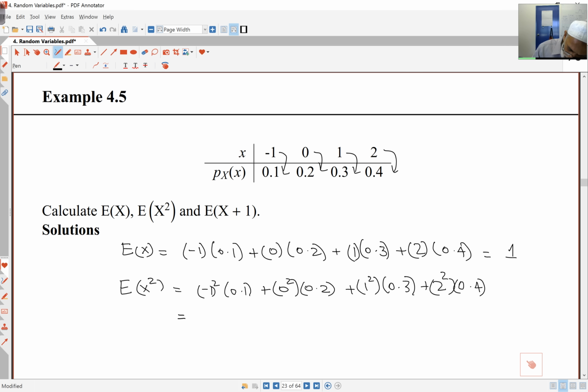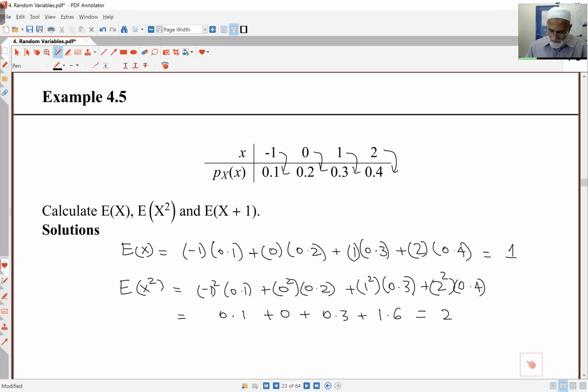So here that comes to: negative 1 squared is equal to 1, and that's 0.1. This next is 0. This next is just 0.3, and the next is 4 times 0.4, which is 1.6. So that gives me 2.